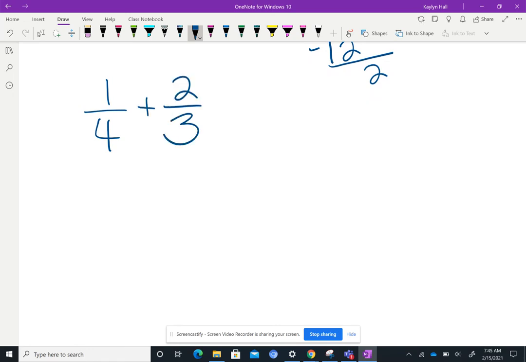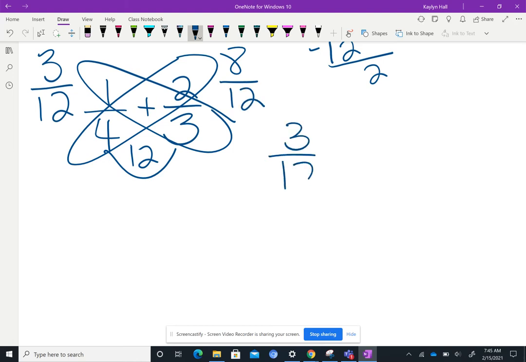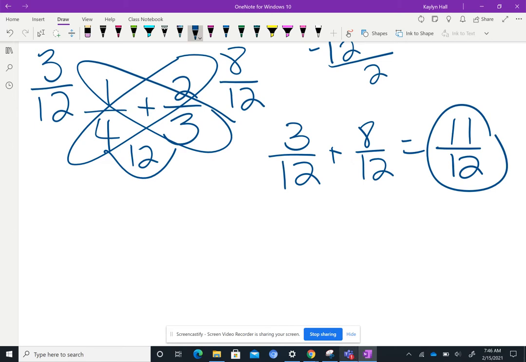And when I'm adding, I have to make sure my bottoms are the same, which they're not, so I need to do a butterfly. 4 times 2 is 8. 3 times 1 is 3. 4 times 3 is 12. Then I add straight across. 3 plus 8 is 11, and I keep the bottom the same, and I get 11/12.